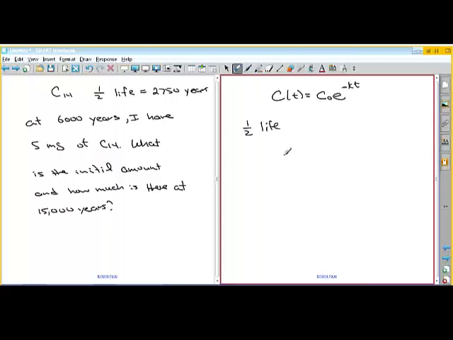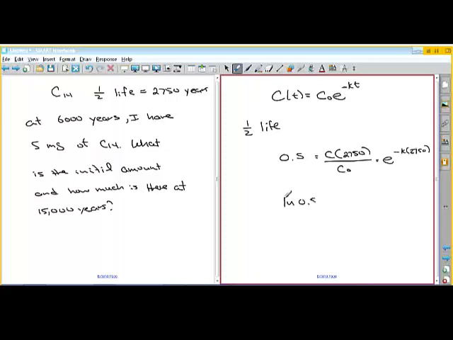Well, the half-life situation is where the ratio of C of 2750 divided by C0 is equal to half. And so that removes this constant, puts it over there, and I end up with minus k times t, which is 2750 years.